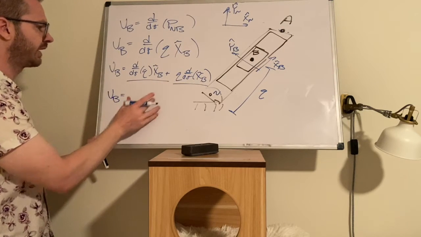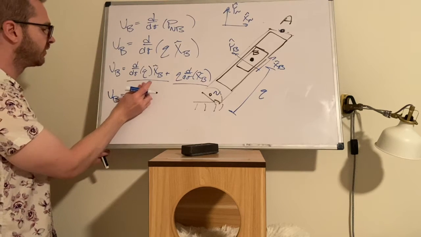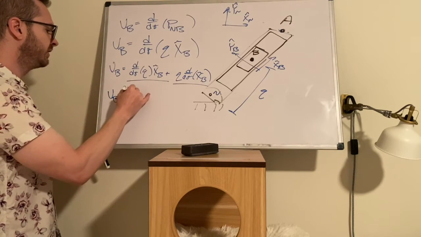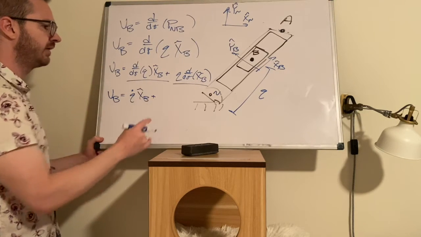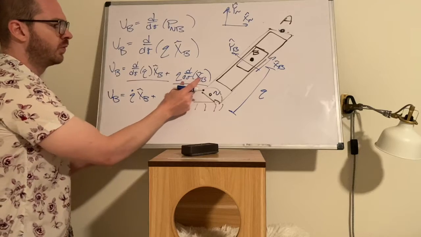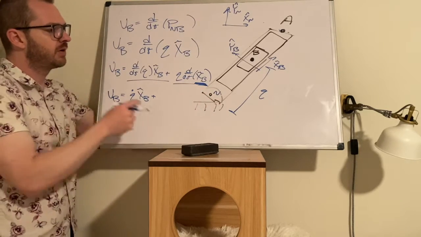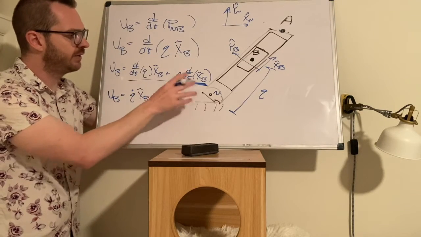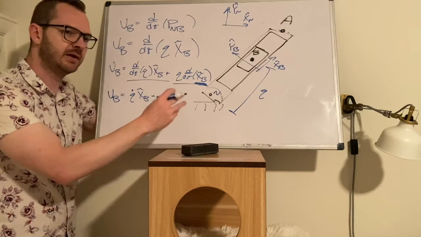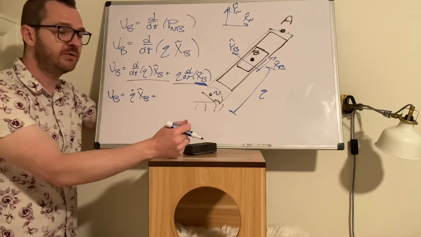So what are we going to get for our answer? Well, we take this first piece, we take the derivative of just the scalar term, we end up with q dot xb plus... What's going to happen on this one? We're going to go back to our definition of rotation, just like we did in the last problem, and I'm going to replace that xb with cosine theta 1, sine theta 1. We're going to take derivatives of that. We're going to do product rule expansion if we need to.